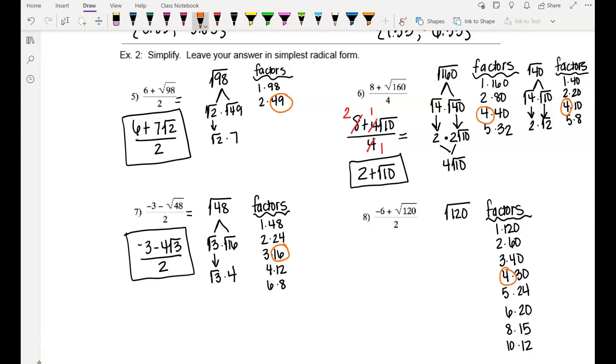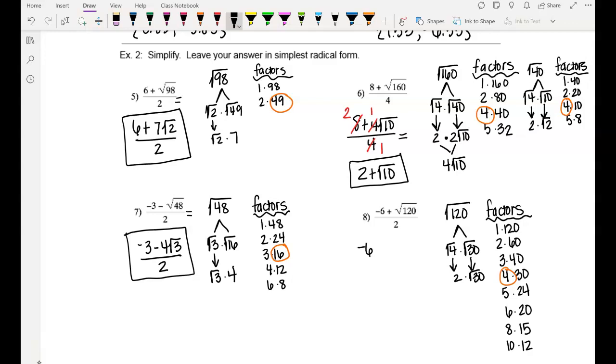There's no perfect squares in any of those numbers. So in this case, the square root of 120 is the square root of 4 times the square root of 30, which becomes 2 times the square root of 30. And that is simplified. Even though the number under the radical is 30, there's no perfect squares in 30.